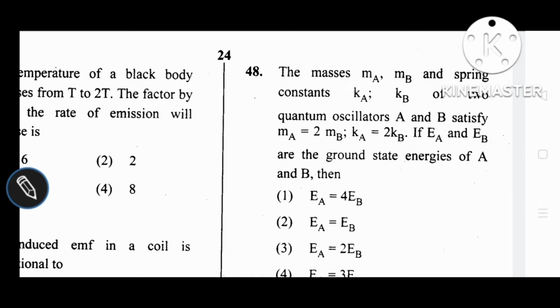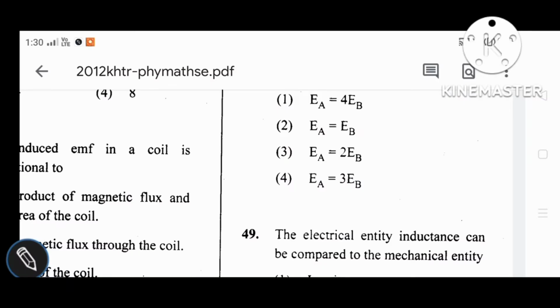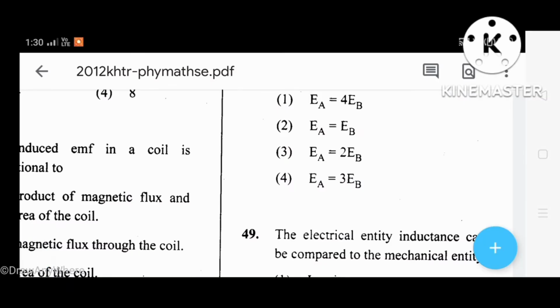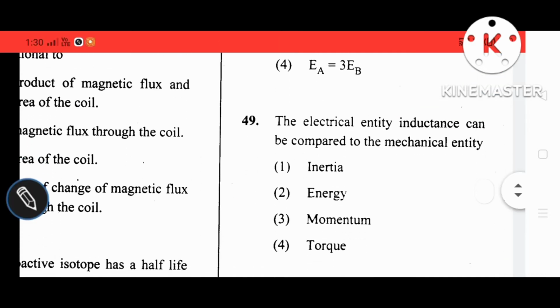If EA and EB are the ground state energies of A and B. So the spring constants we are going to consider as Ka and Kb here. Okay, when we solve this, we can get EA is equal to 2 times EB. Just take the screenshot and later you can write it down clearly. So the correct answer for this one is EA is equal to 2 EB, that is in the third option given here. Next one, question number 49.